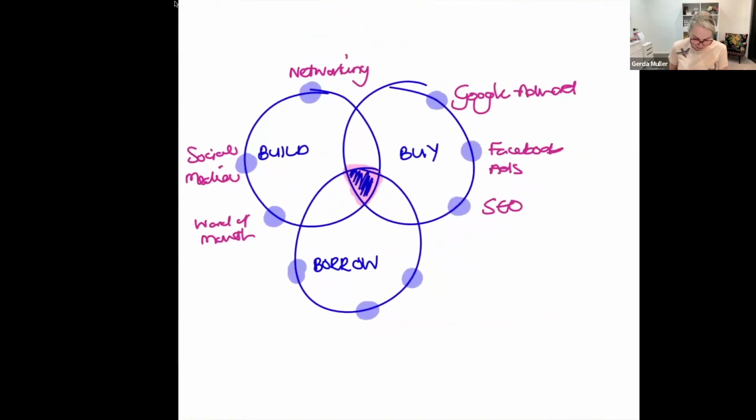Now, let's have a look at borrow. This is an interesting one for us. So some examples here. The first one is establishing strategic referral relationships, right? So this is where you're borrowing an audience.